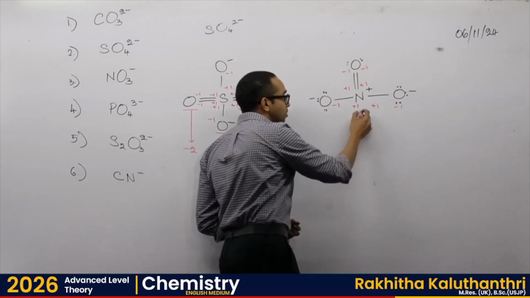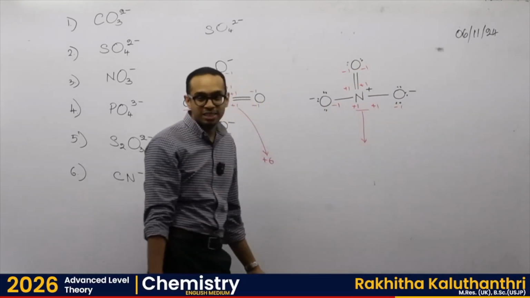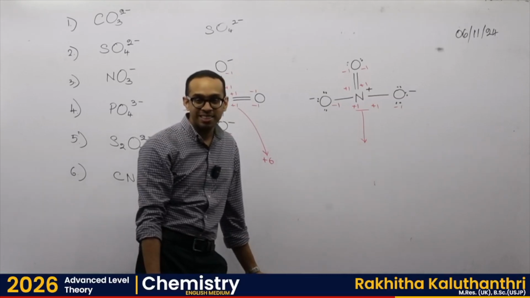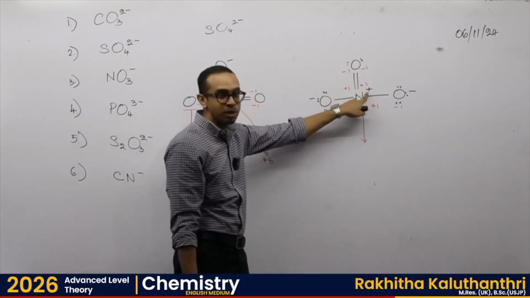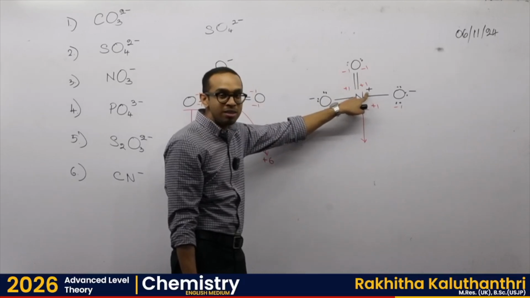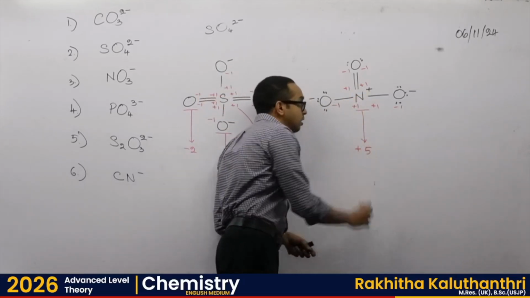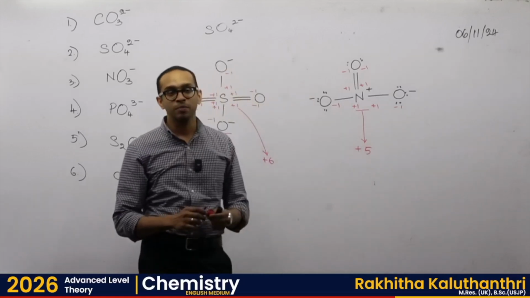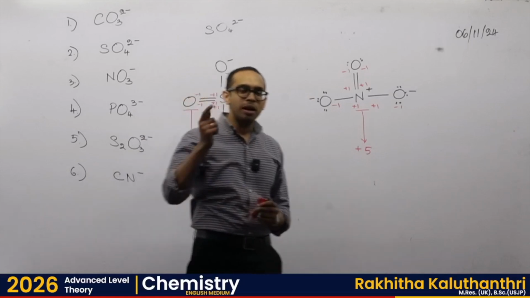So now, what is the oxidation state on nitrogen here? You have to add 1, 2, 3, 4 and there's a formal charge. Altogether 5. So this is the highest oxidation state that we see on nitrogen, +5 oxidation state. Is that clear?